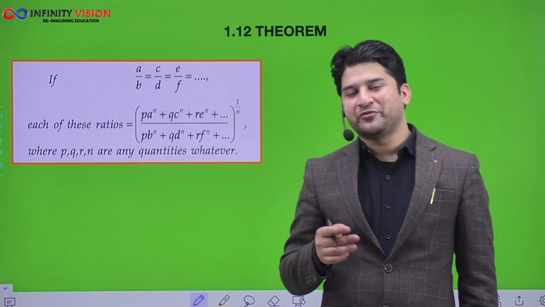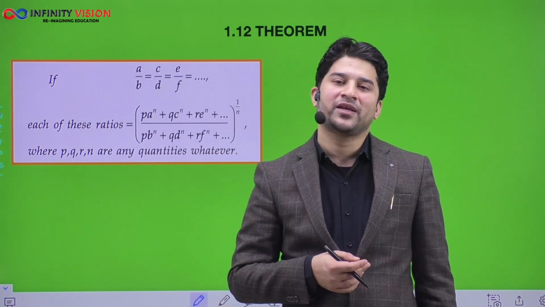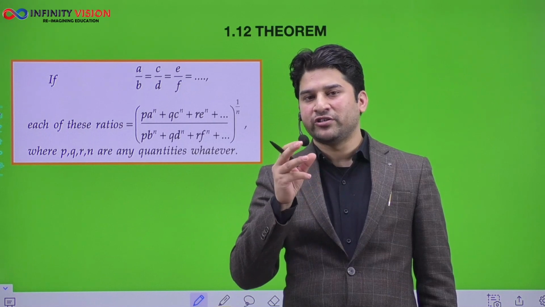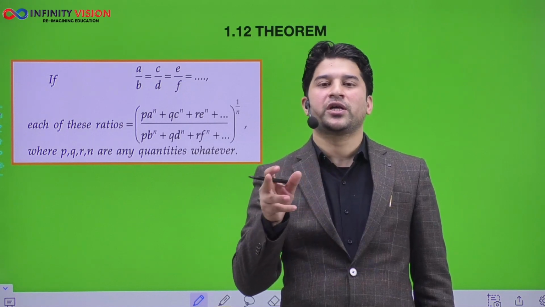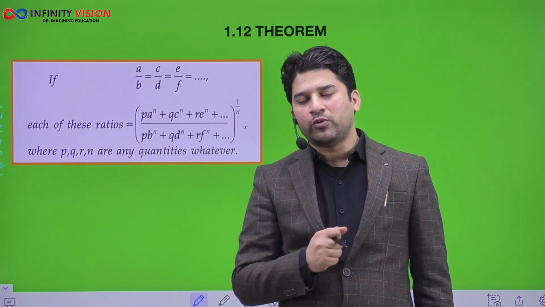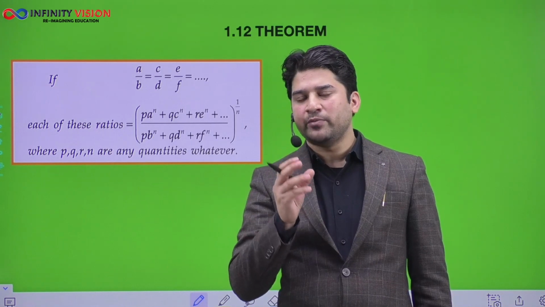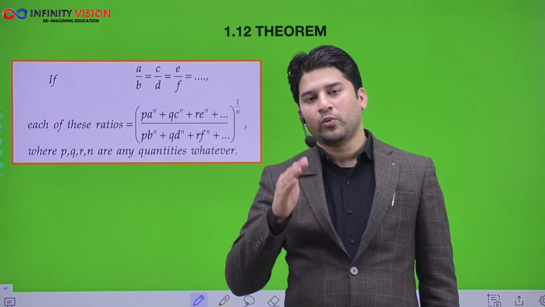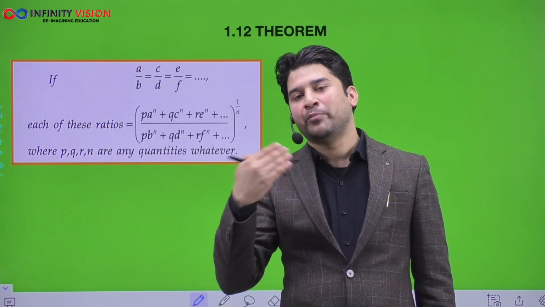Now let's look at the first theorem of this ratio. But before we go into this theorem, I should tell you some general points related to any theorem you encounter. Whenever you encounter any theorem, you should be able to capture what exactly that theorem is trying to say, what are the preconditions and what it implies.